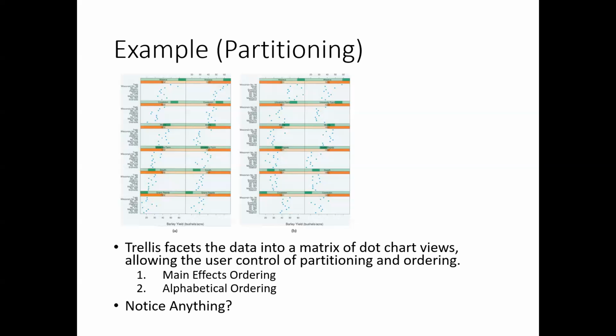You can see 1932 was higher for the Morris site, where it was lower for all the other ones. So you can notice that the Morris site goes the opposite way of every other piece of data.